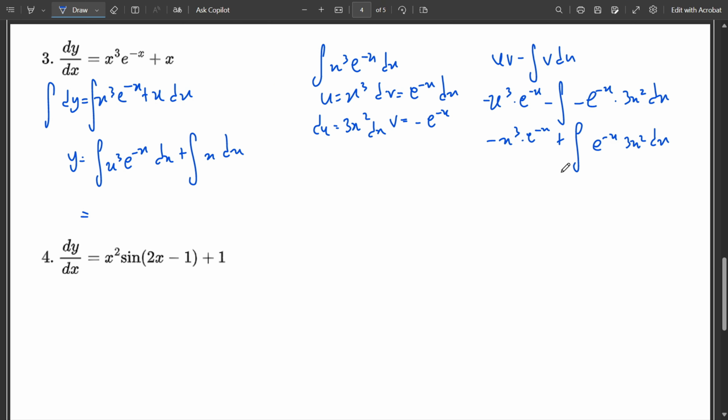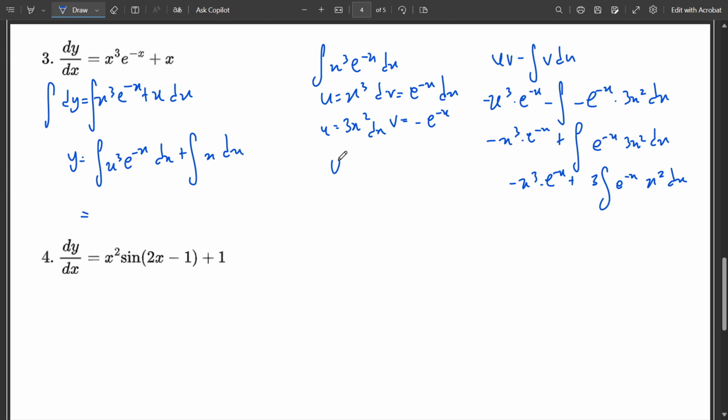Using integration by parts again, we can take the 3 outside, so we have negative x cubed times e to the negative x plus 3 times the integral of x squared e to the negative x dx.